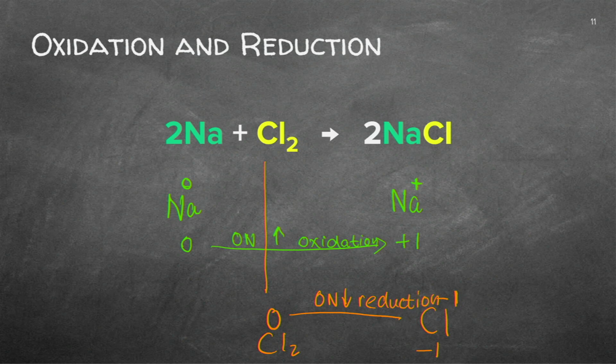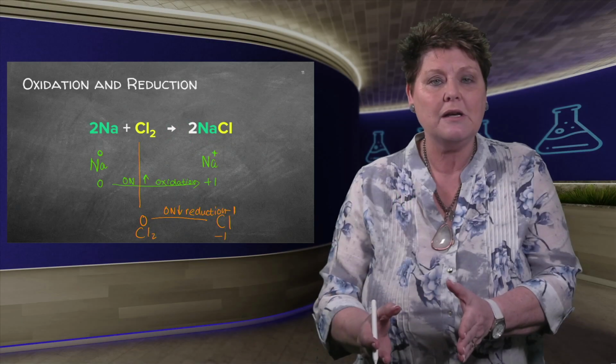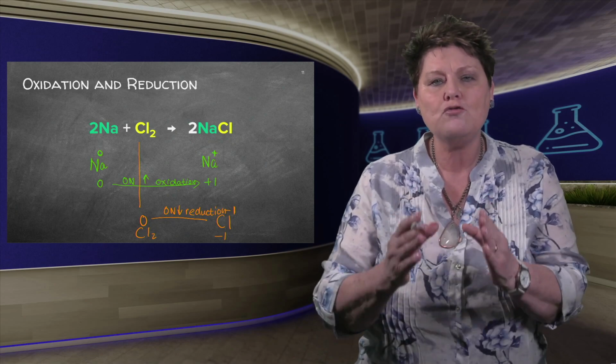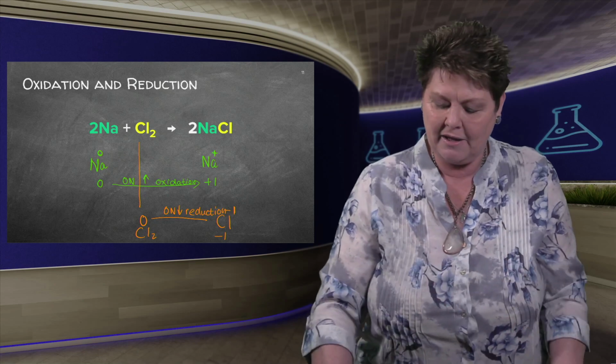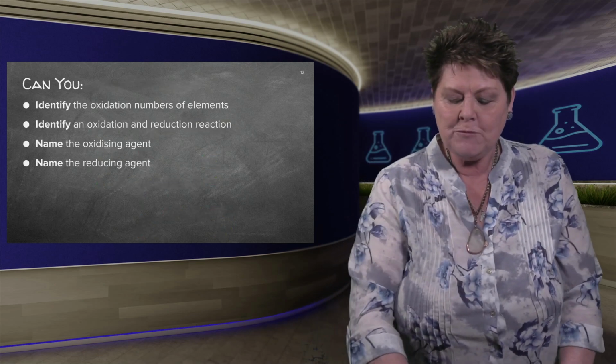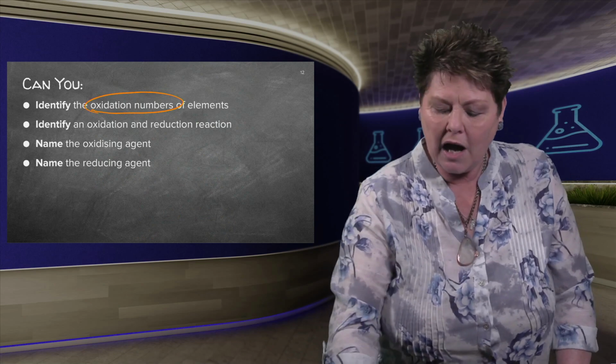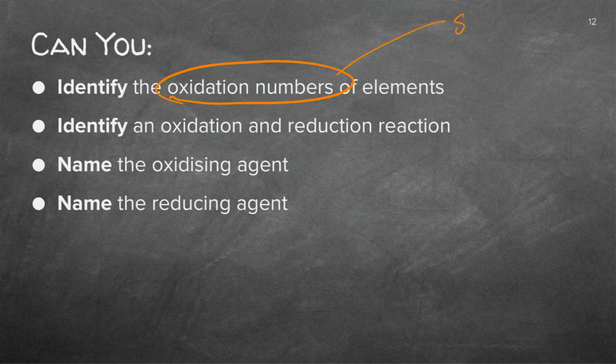Now this blends with half reactions that we'll do in the next lesson with tables. But in terms of this lesson, we've got numbers, you've got rules, and you've got to apply them to any situation. You'll have to be able to identify all the oxidation numbers. I usually remember that the sum should be 0. I know hydrogen is +1, oxygen is -2. If it's got a stock notation, it will be exactly that.